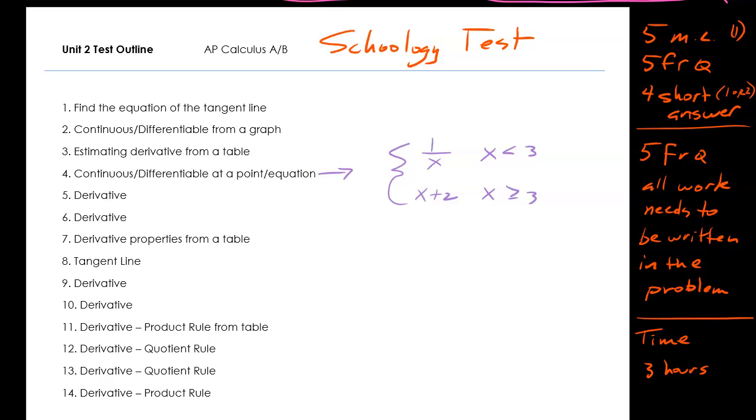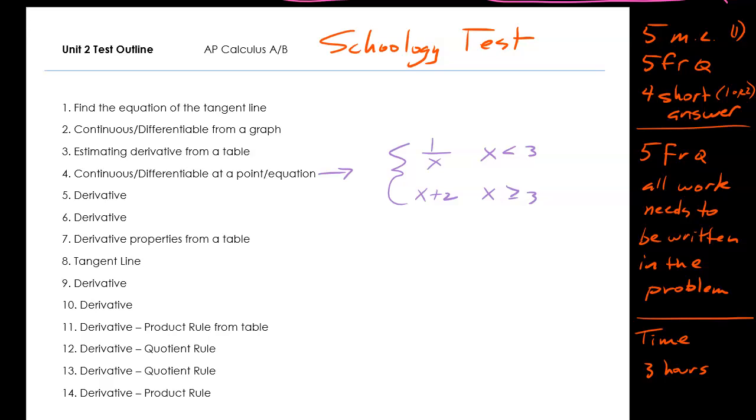Okay, so this one you would be asked about the continuity and differentiability at x equals 3. But I shouldn't even say that. It doesn't necessarily have to be x equals 3, but that would be my guess, because traditionally, if it's a piecewise function, they want to know about the piece break.